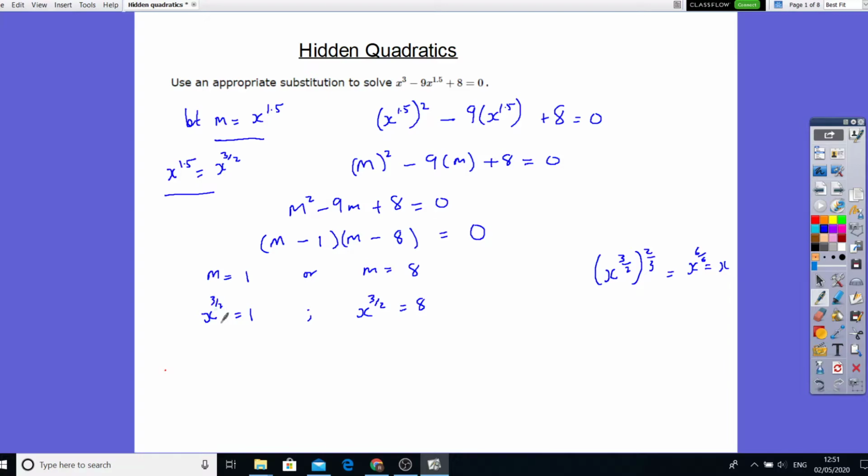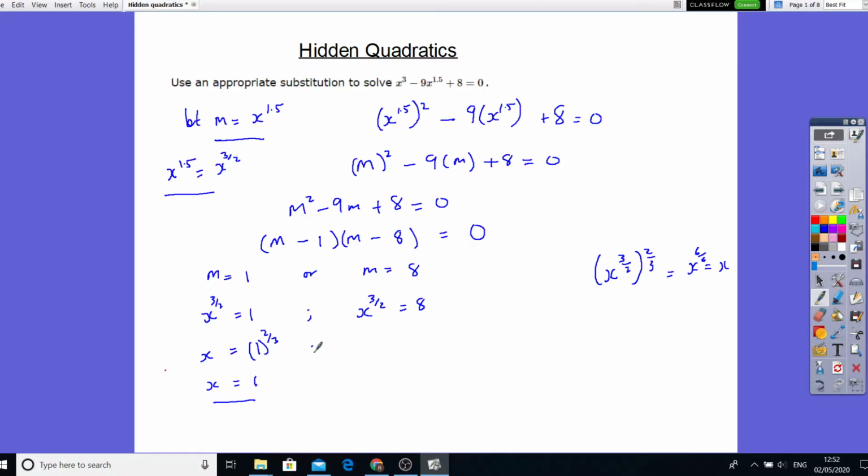So the inverse, to find x, is to put it to the power 2/3, and I must do that to the other side as well. So x will just give me 1, because 1 to any power is 1.